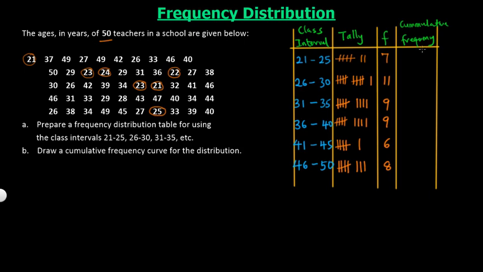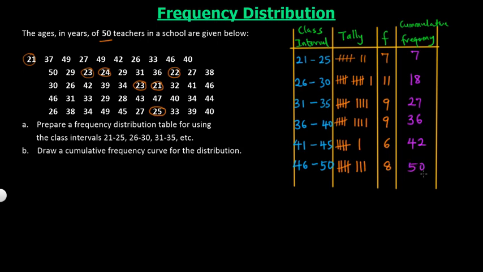So your cumulative frequency will also help you to confirm if what you are doing is right. Look at how cumulative frequency works. The first one is 7, right? 7 plus 11, 18. 18 plus 9, 27. 27 plus 9, 36. 36 plus 6, 42. 42 plus 8, 50.